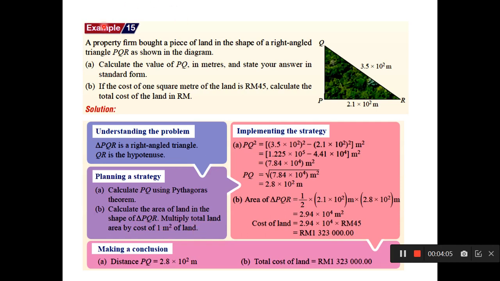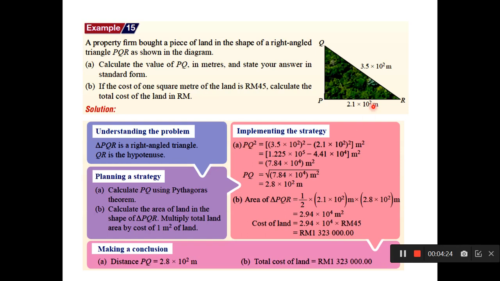This is actually question B. If the cost of 1 square meter of the land is 45 ringgit, calculate the total cost of the land in ringgit Malaysia. Now we implement the strategy for A, which is Pythagoras theorem.